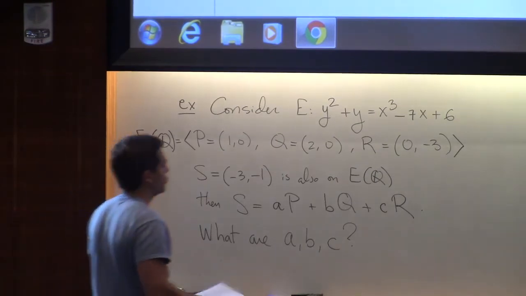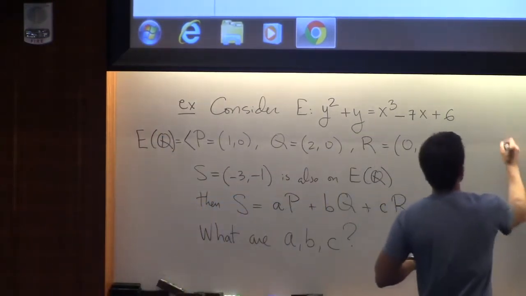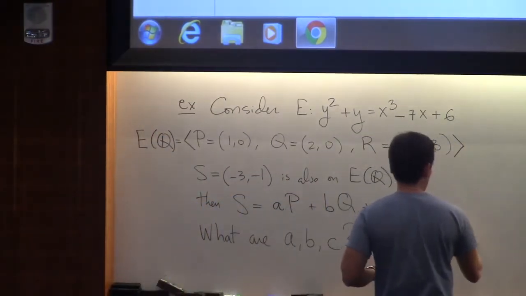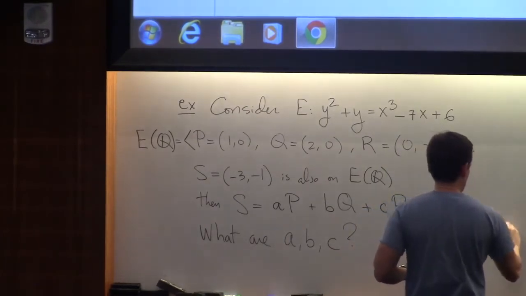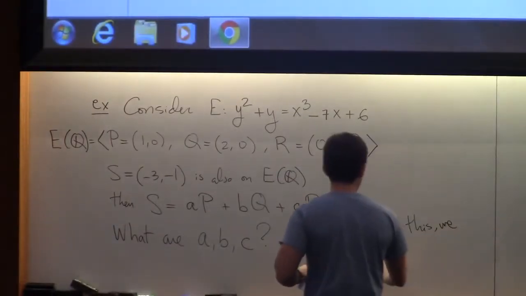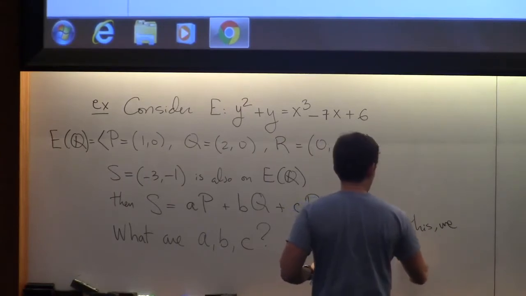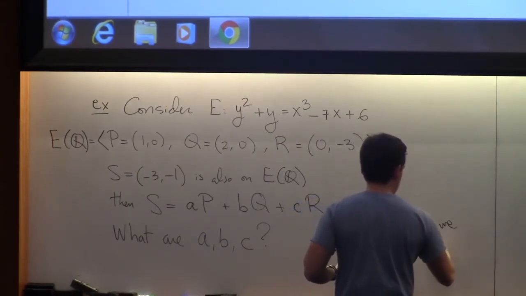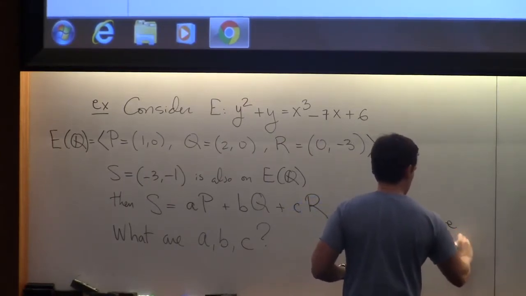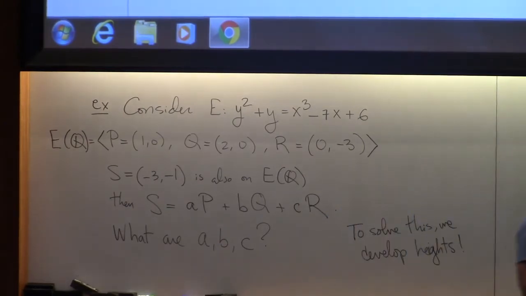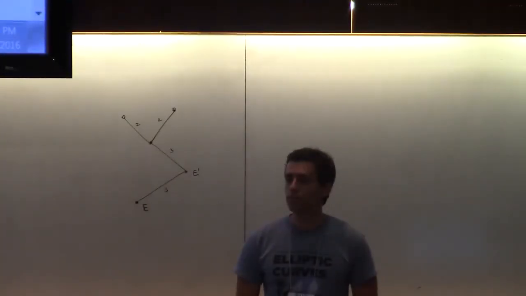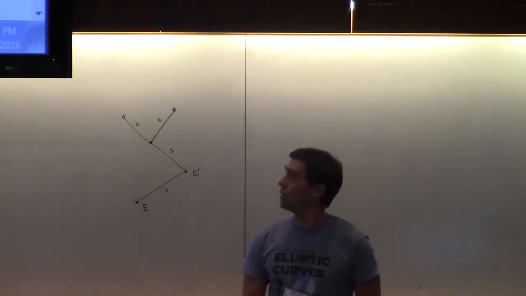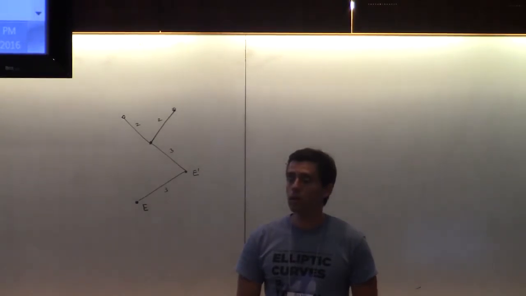So to solve this, we developed the theory of heights. Why heights? Why do we think that's going to help? Yes? Can I just ask, in this special case, how do we know it is torsion free?